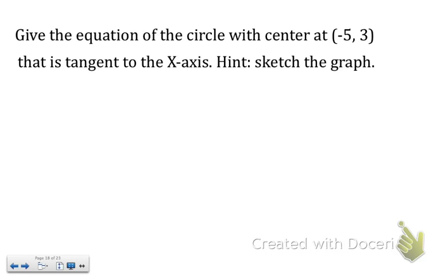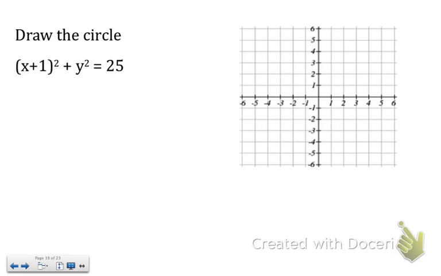Alright, now on our next example, they are going to give us the equation of the circle, and we have to draw it. Okay? So, it's important to remember that the equation of the circle is the quantity x minus h squared plus y minus k squared equals r squared.